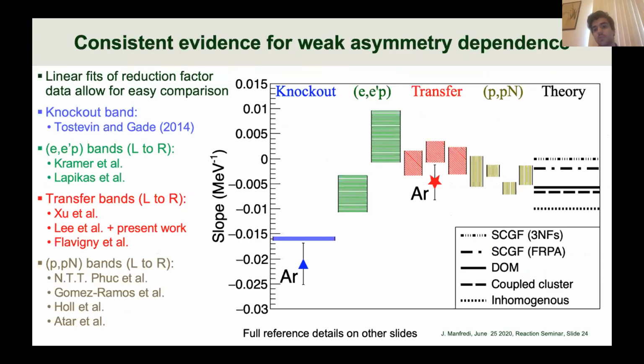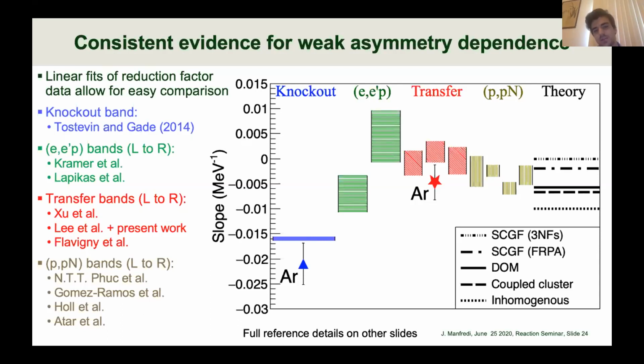Each of these different columns corresponds to different techniques to measure asymmetry dependence. On the left, you have this blue band, which comes from the knockout systematics by Tostevin and Gade. The slope just from the argon isotopes is shown by this blue triangle. These (e,e'p) bands are presented with the caveat that the points are only near stability.